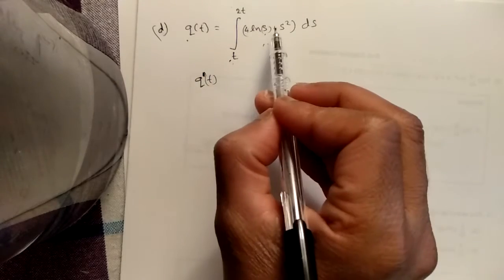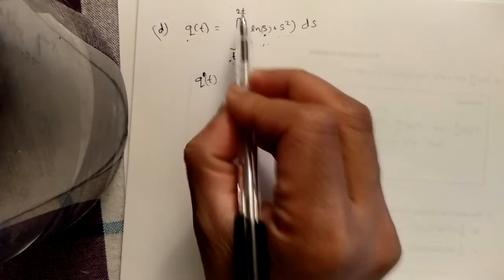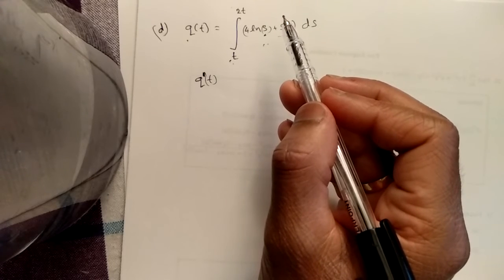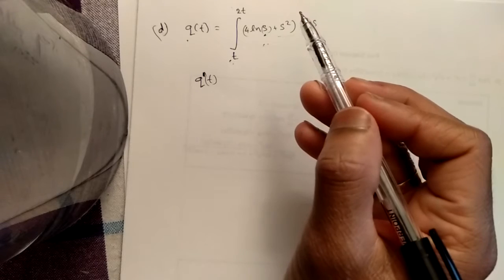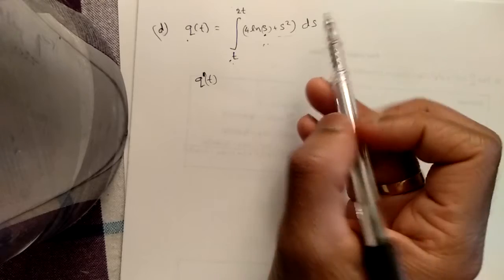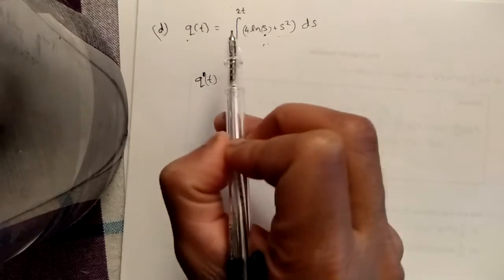But in this case the inside function is given in terms of s and the limit is given in terms of t. So there is no such importance of the name of the variable that we are using. They are basically called dummy variables. They are used as dummies, right? So the only thing is that you have to clearly identify and separate them out.